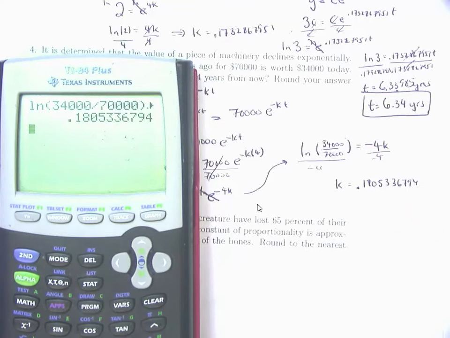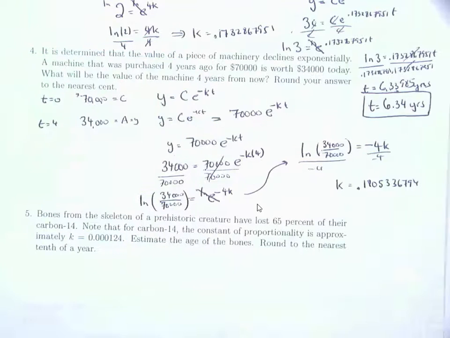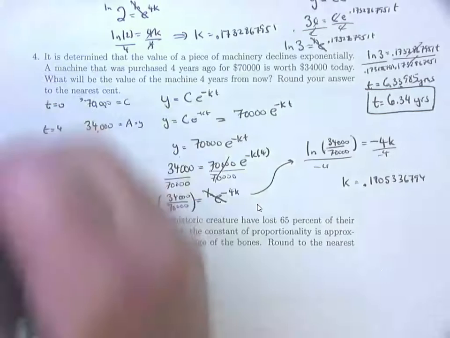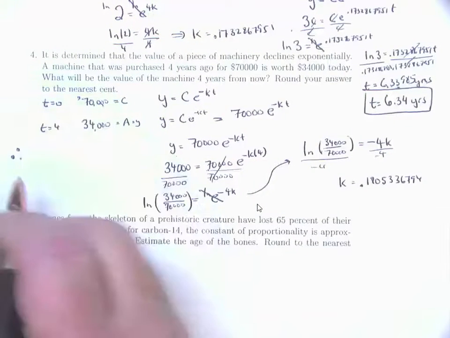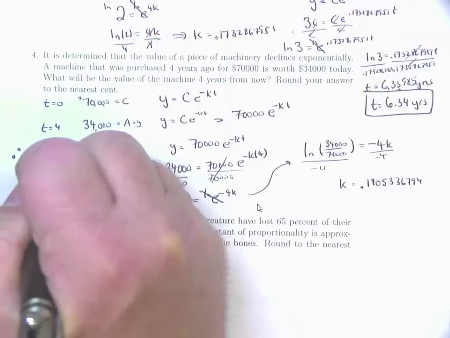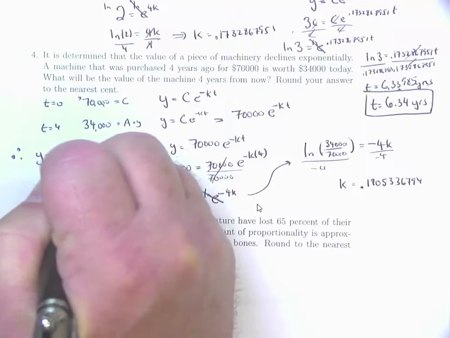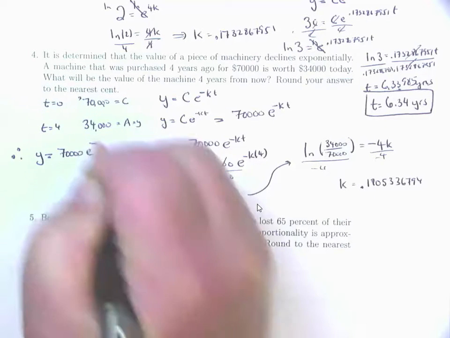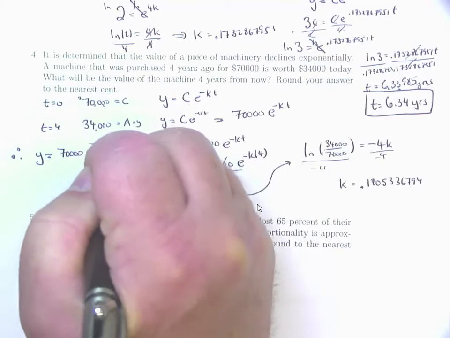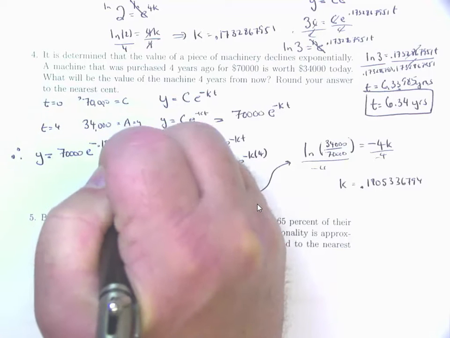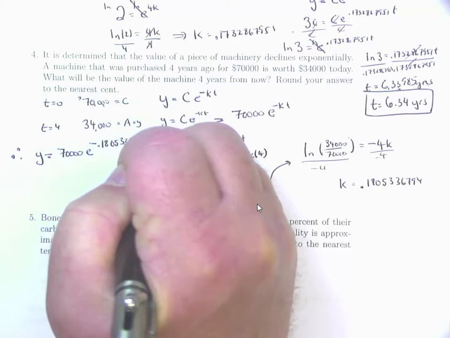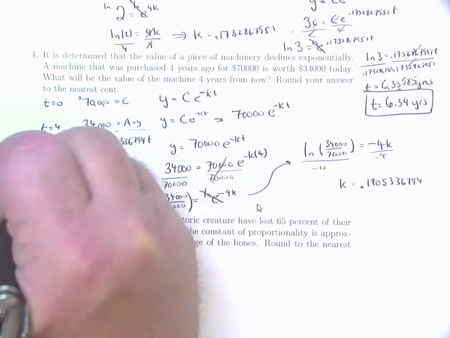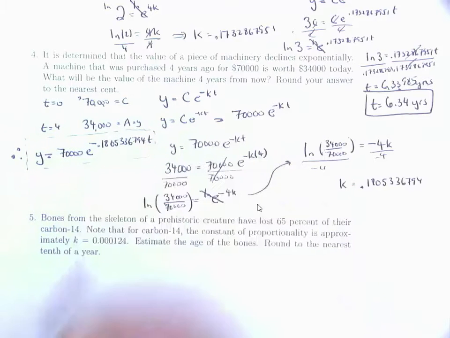It gives you more accurate answers. So now that I've got my k, therefore my formula, A or y, is equal to C, which was $70,000, e to the negative 0.1805336794t. This is my modeling equation.